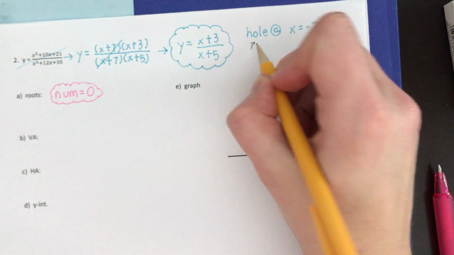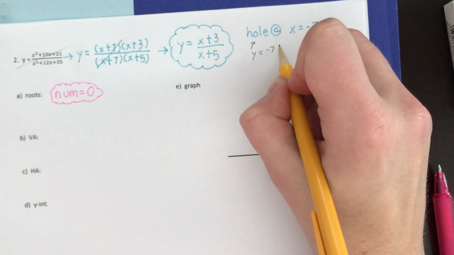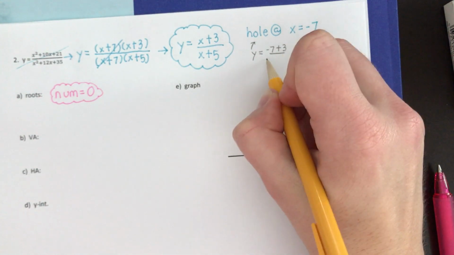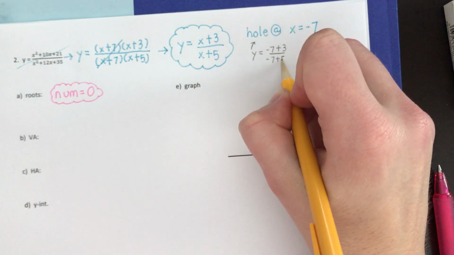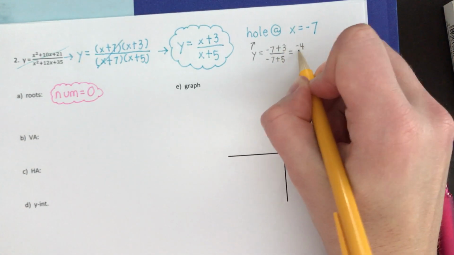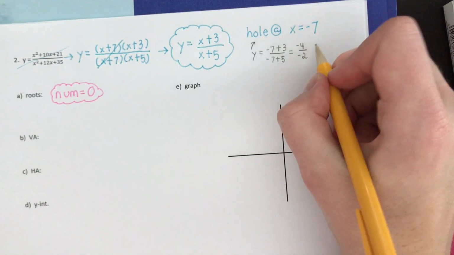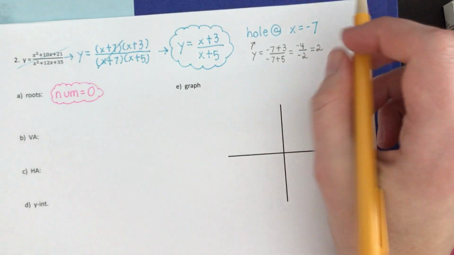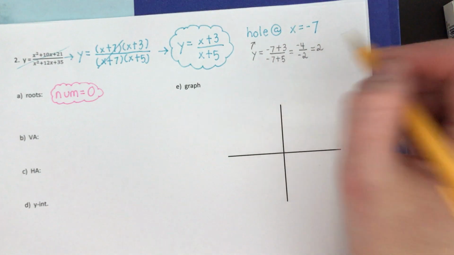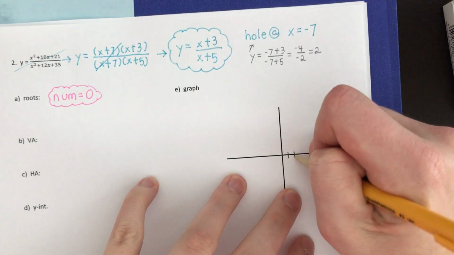So I'm going to say y equals -7 plus 3 over -7 plus 5. So my y value would be -4 over -2, and so that's going to be 2. So my hole is going to be at (-7, 2). More on that when I start graphing, which I will start graphing soon.